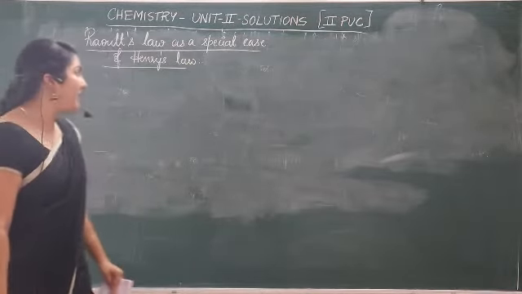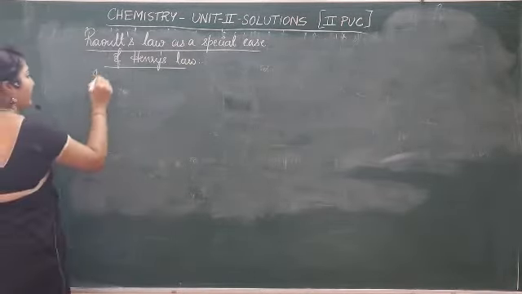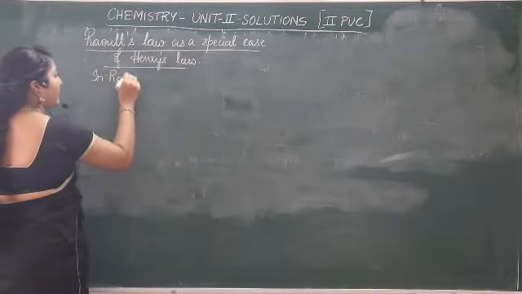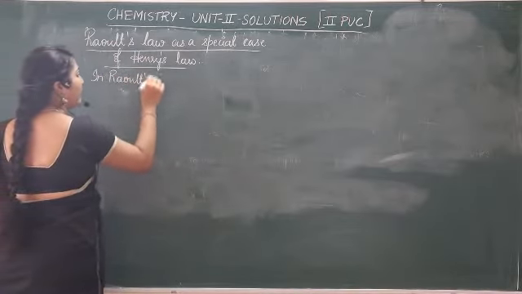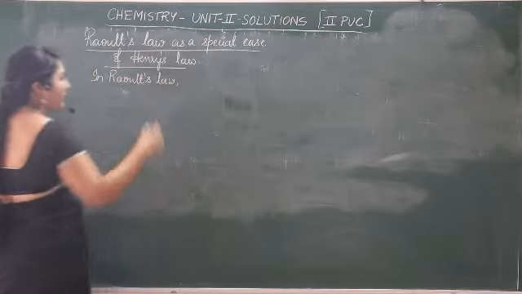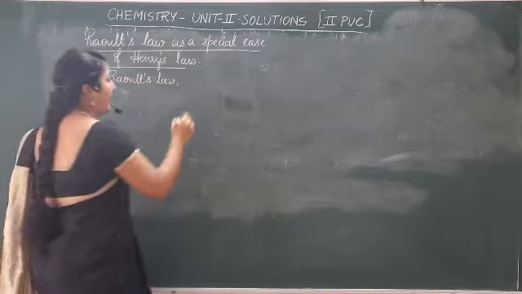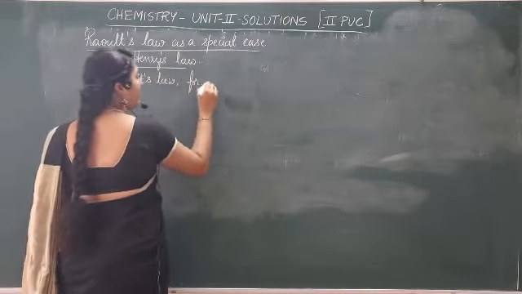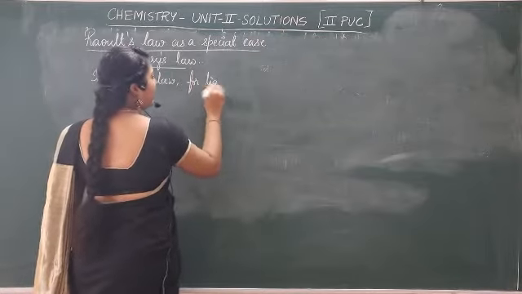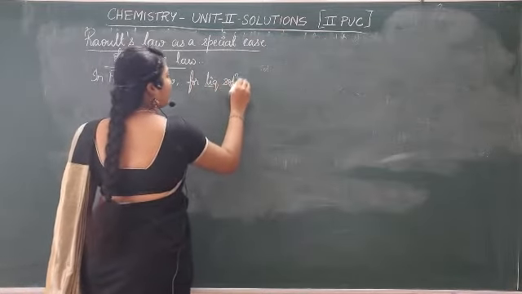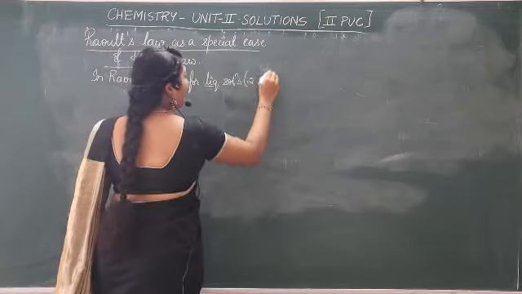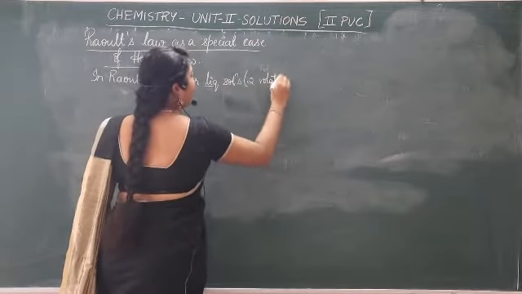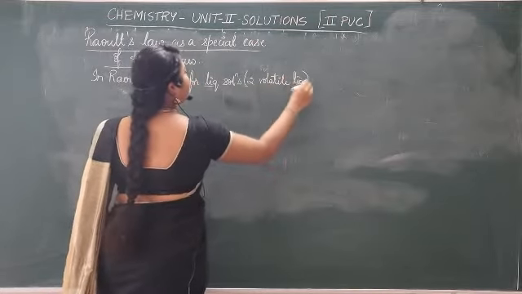What you have studied in Raoult's law, for liquid solutions, that is two volatile liquids, what was told?